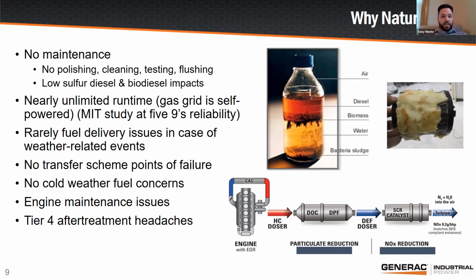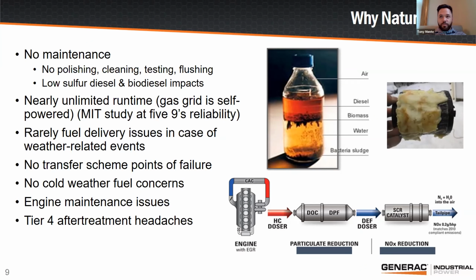You have heaters, and there's just a lot of complexity with that fuel. If you have access to a natural gas pipeline, that obviously is ideal, right? You can connect directly from a gas pipeline to the genset and have essentially an unlimited fuel supply, so you don't have to worry about getting trucks there to refuel.